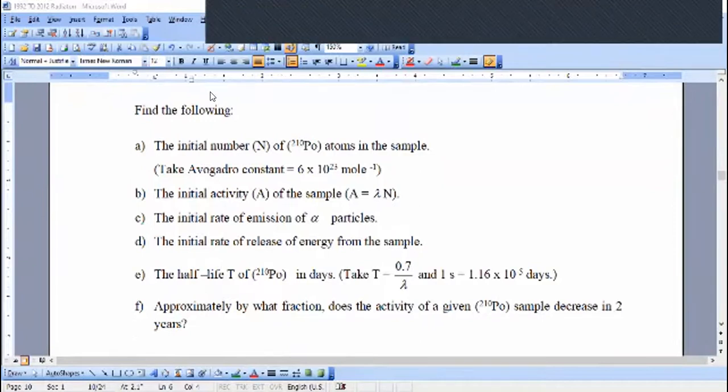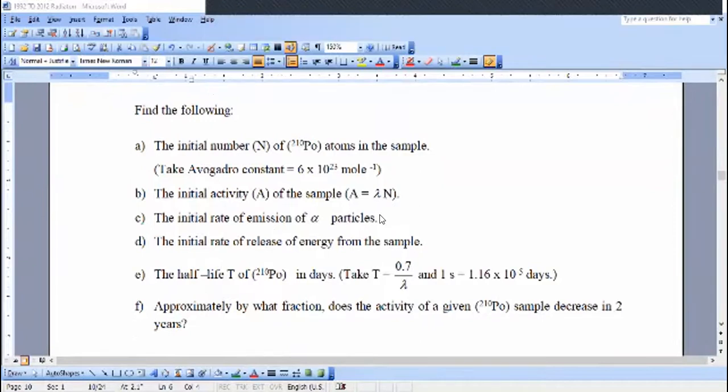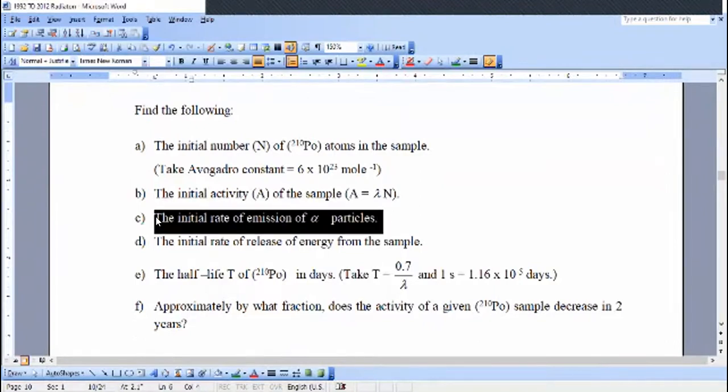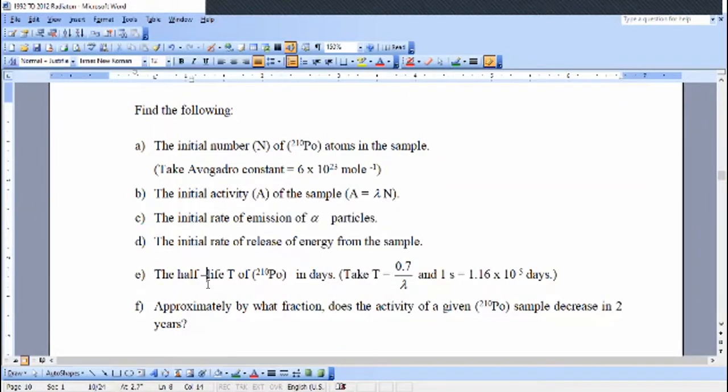Thank you. It asks us to find the initial rate of emission of alpha particles. How many alpha particles are emitted when a single polonium atom decays?